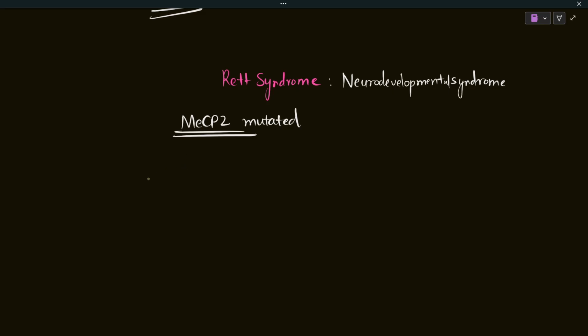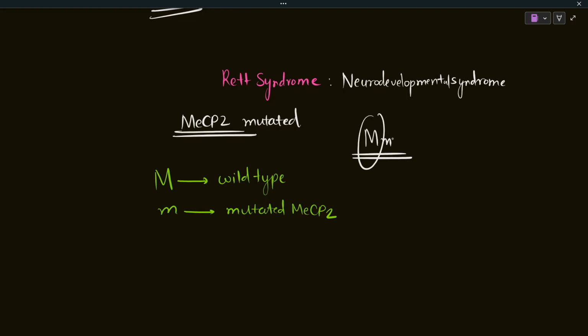Assume that the capital M means the wild type genotype, where MECP2 is not mutated, while the small m means mutated MECP2. Now let's assume that the embryo has the genotype Mm. So it has one copy of wild type and the other copy of mutated MECP2.